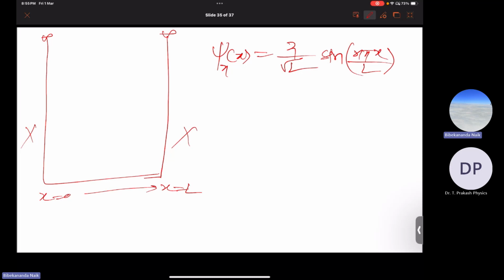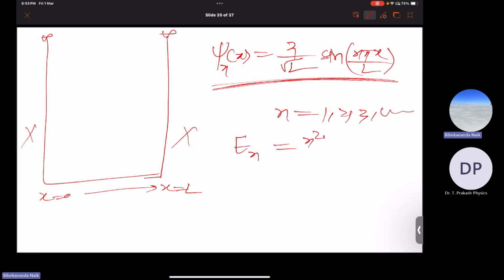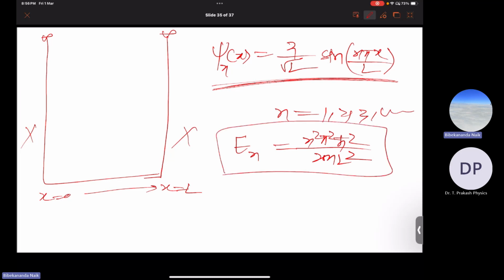In this class we already normalized the wave function, and this is the actual wave function. Here n is 1, 2, 3, 4 and so on. And the energy eigenvalue is given by n square pi square h cross square by 2m L square. You must have been knowing these things.